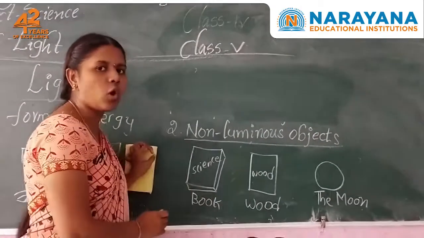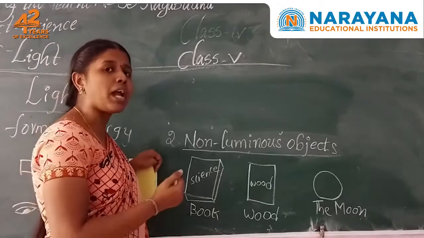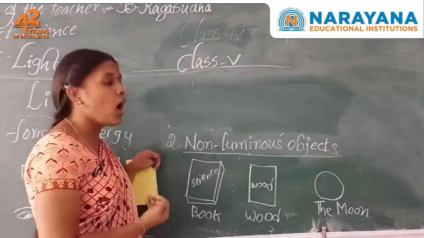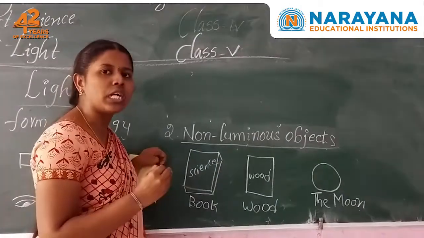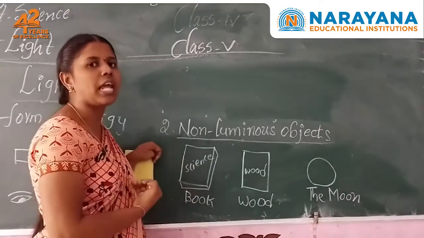Why is the moon called a non-luminous object? You can ask, madam, at night we are getting light because of the moon. But the moon does not give light by itself. It is the reflection of the sunlight only.